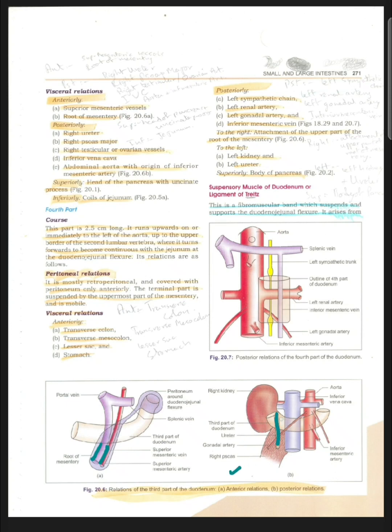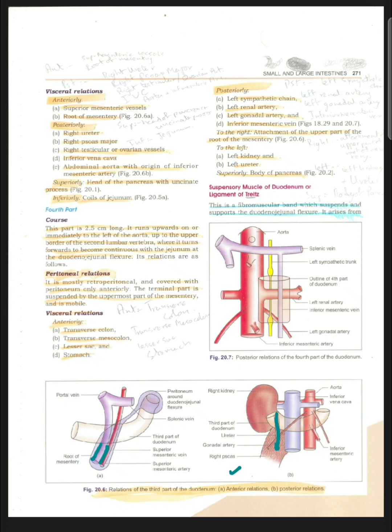If you remember, among the posterior relations of the second part of the duodenum, we had the medial end of the right kidney and we did not have the ureter. But now we have the ureter. The right psoas was also among the posterior relations of the second part of the duodenum.